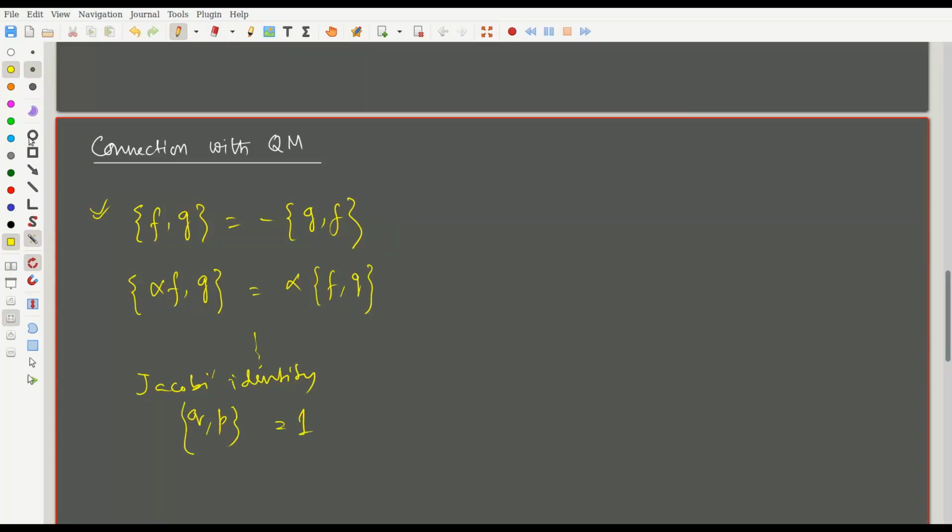One way to satisfy these things is to define the bracket of F and G as the sum over k of del F del Qk del G del Pk minus del F del Pk del G del Qk.